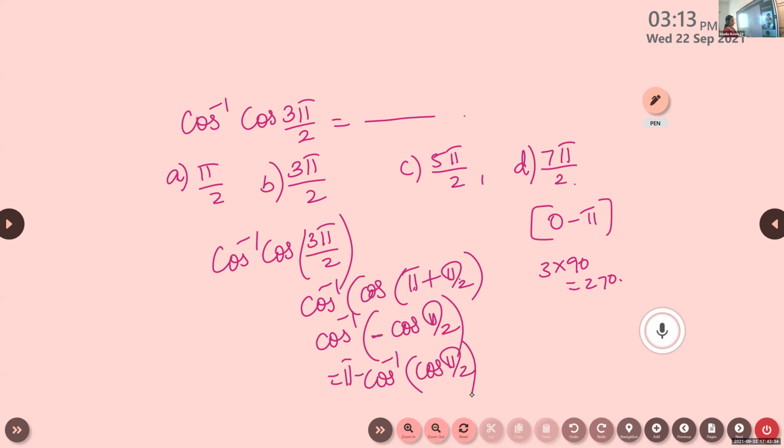Cos inverse of minus x is pi minus cos inverse of x. So we can write this as pi minus cos inverse of cos pi by 2. Now it is the same as pi minus pi by 2. So we'll get pi by 2.